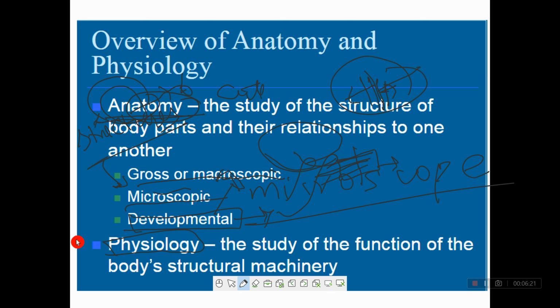But in physiology, you will study how these organs perform their function, that is respiration, right? That is, how respiration is carried out in the human body. So the study of the functions of the body's structures is known as physiology. Alright.